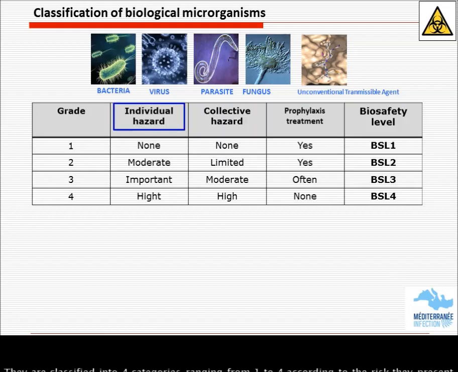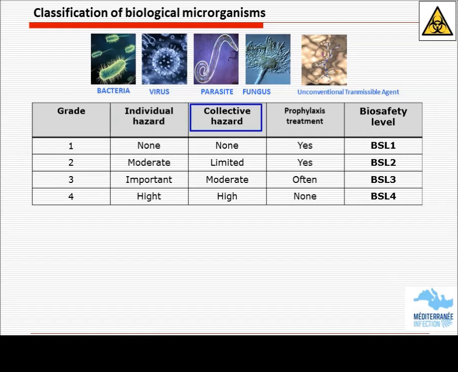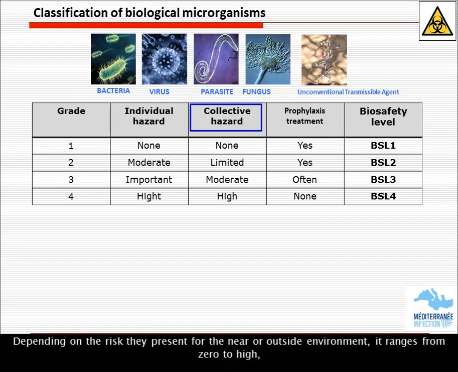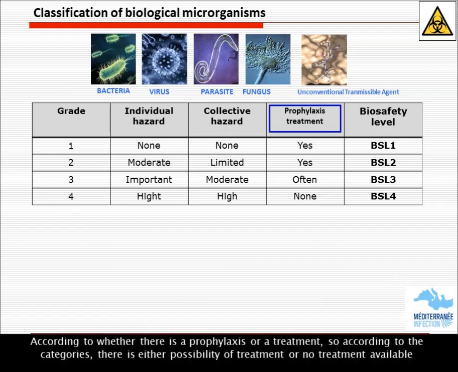They are classified into 4 categories ranging from 1 to 4 according to the risk they present for the worker, from 0 to high. Depending on the risk they present for the near or outside environment, it ranges from 0 to high. According to whether there is a prophylaxis or a treatment, so according to the categories, there is either possibility of treatment or no treatment available.